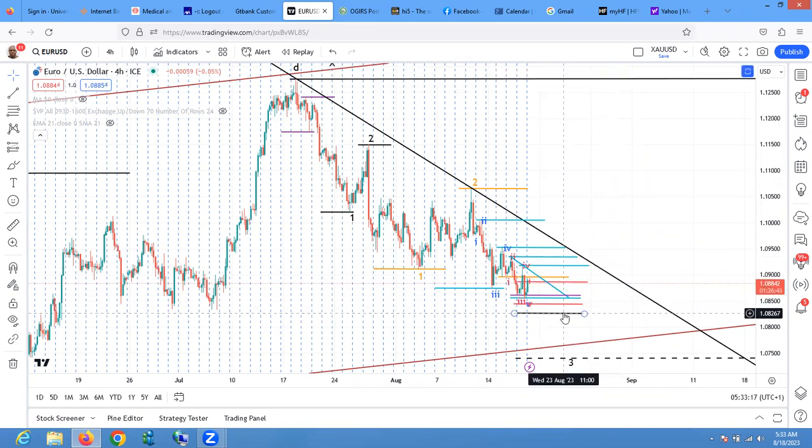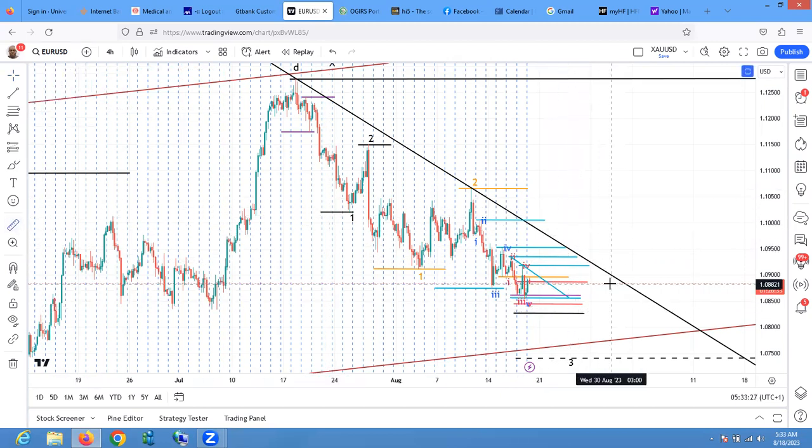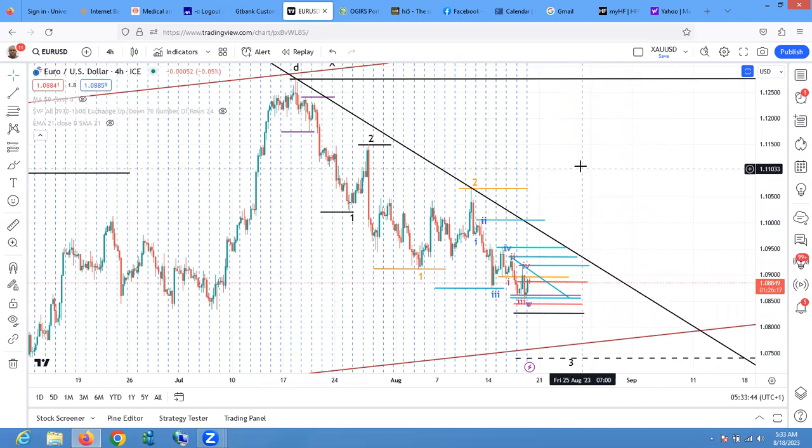If price is going to get here, this is where we will expect this to complete its wave, if we're still going to run down and then move up. So potentially, from this blue to this place, we come here at about 30 pips to move up. But we don't want to take any useless risk.